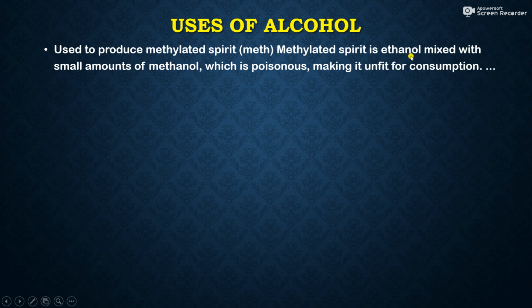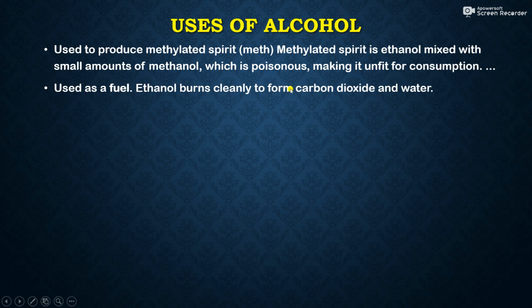Methylated spirit is ethanol mixed with a small amount of methanol, which is poisonous, making it unfit for consumption. It is used as a fuel. Ethanol or methanol are used for mixing into petrol, or directly used for fuel.